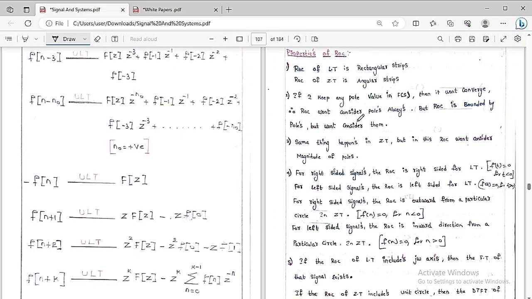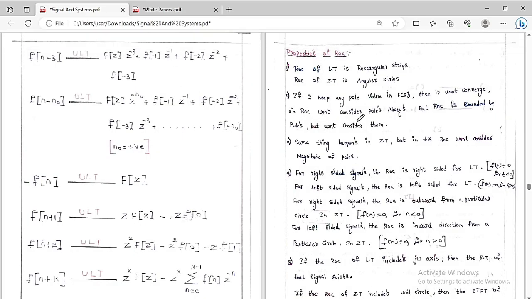Now let's go to the other point: if I keep any pole value in F of s, then it won't converge. ROC won't consider pole values, but ROC is bounded by the poles. Listen carefully.